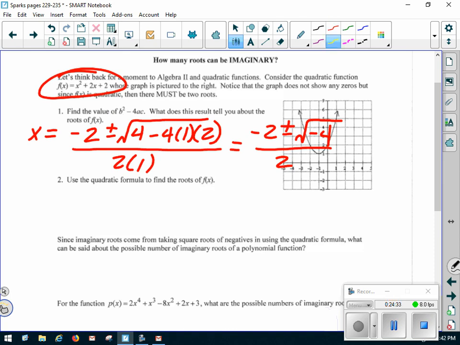Okay. Ladies and gentlemen, in Algebra 2, you learned if what you're taking the square root of is negative, then that immediately tells you you're going to have imaginary roots. You remember that's called the discriminant? If the discriminant, which is the b squared minus 4ac part, is negative, then you're going to have imaginary answers.